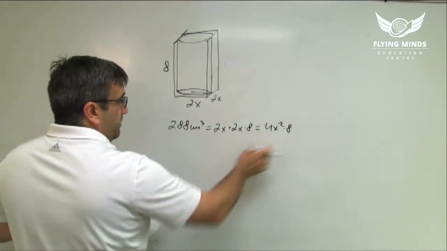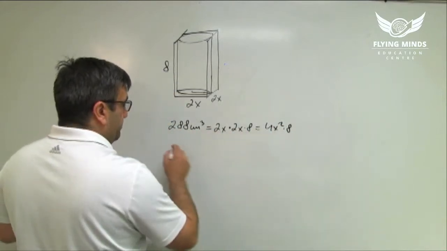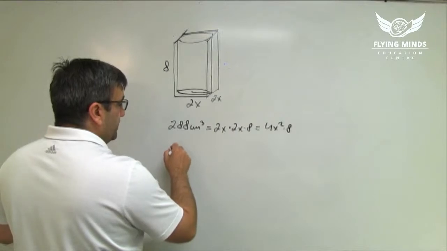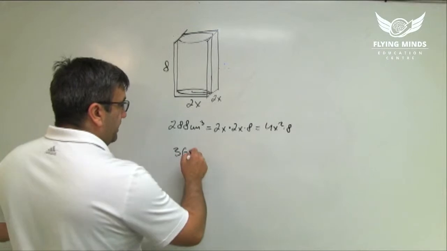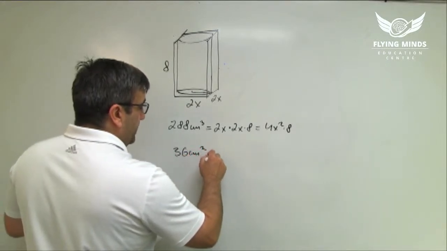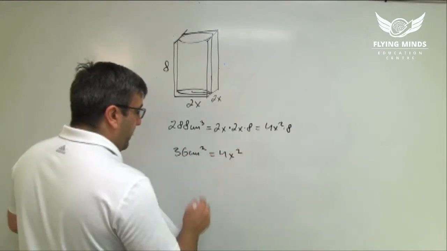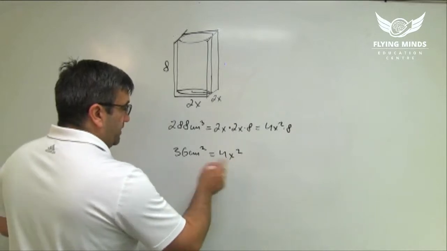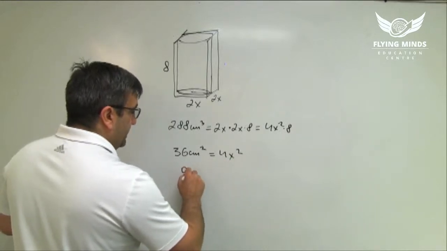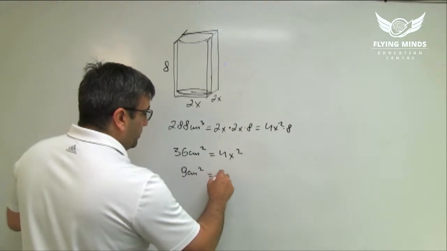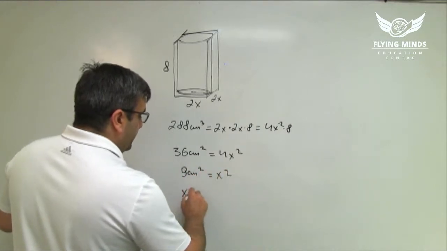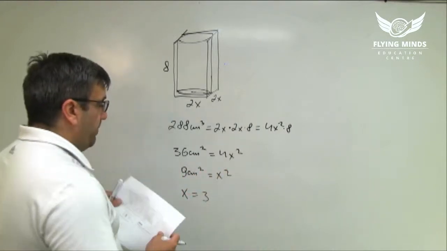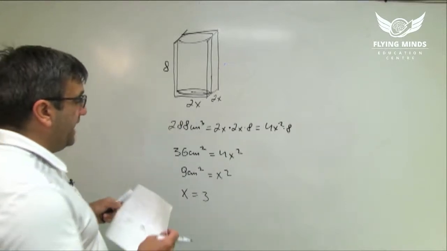Right? So we divide both sides by 8, and we get 36 centimeters squared equals 4x squared. Both sides we divide by 4, we get 9 centimeters squared equals x squared, and then x equals 3, right?